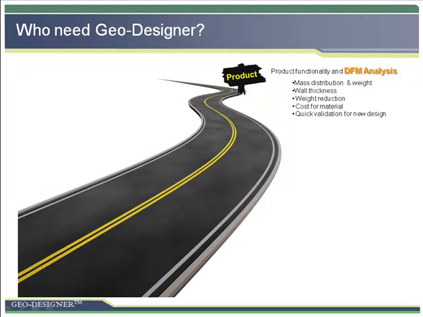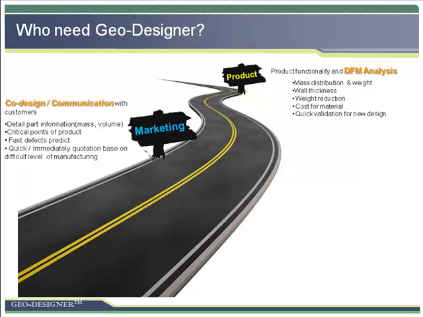As a DFM software, Geo-Designer could be used in the OEM vendor and the different level suppliers, in both design and manufacturing departments. In the OEM company, Geo-Designer can help the design engineer make a better design to reduce the cost, not only of material, but also of the manufacturing process.